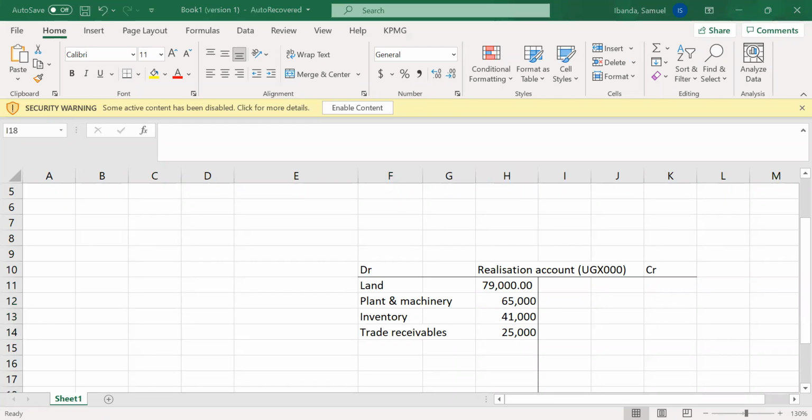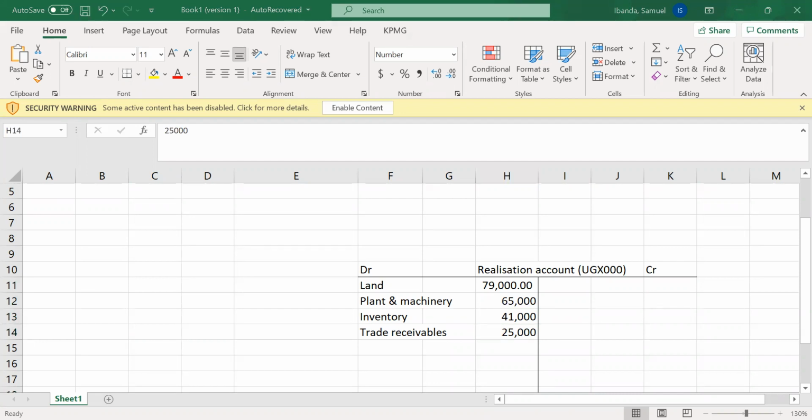Now we have transferred the assets because we have transferred the land. We have plant and machinery. We have inventory. We have our trade receivables.